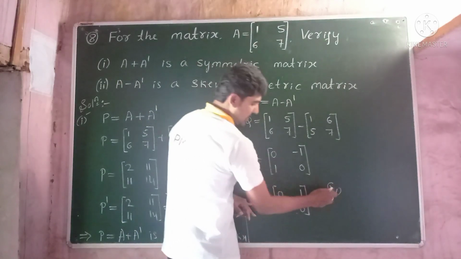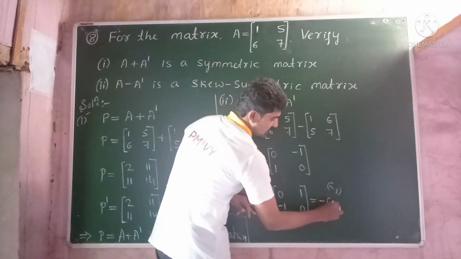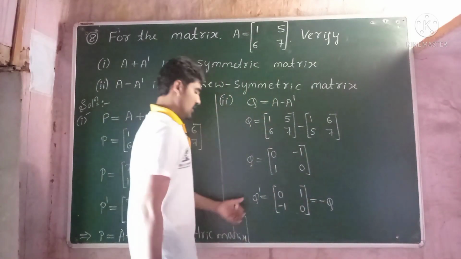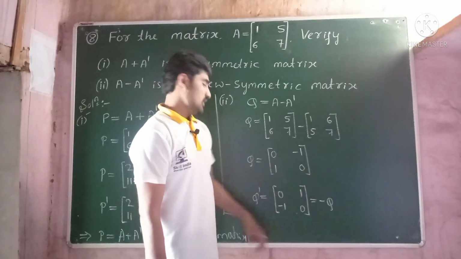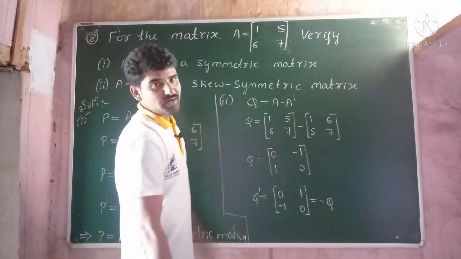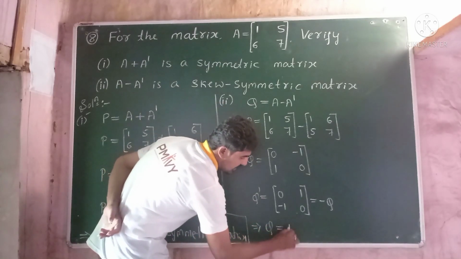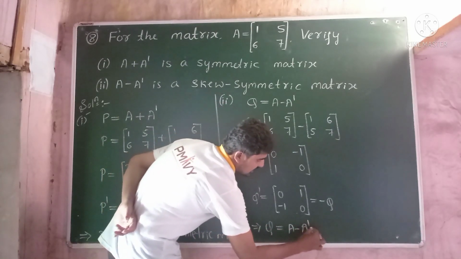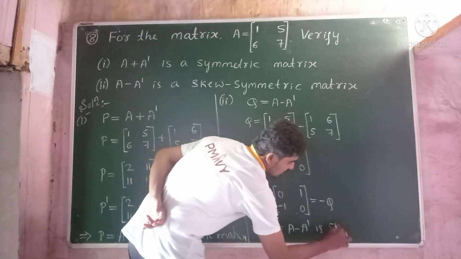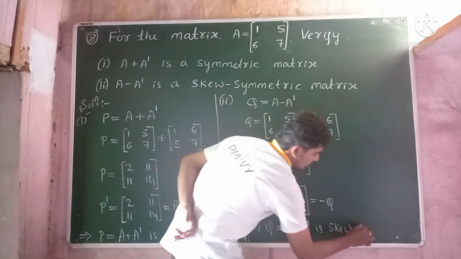Therefore this Q dash matrix equals minus of the Q matrix. If Q dash equals minus Q, then Q is a skew symmetric matrix. So hence matrix Q, and hence the matrix A minus A dash, is a skew symmetric matrix.